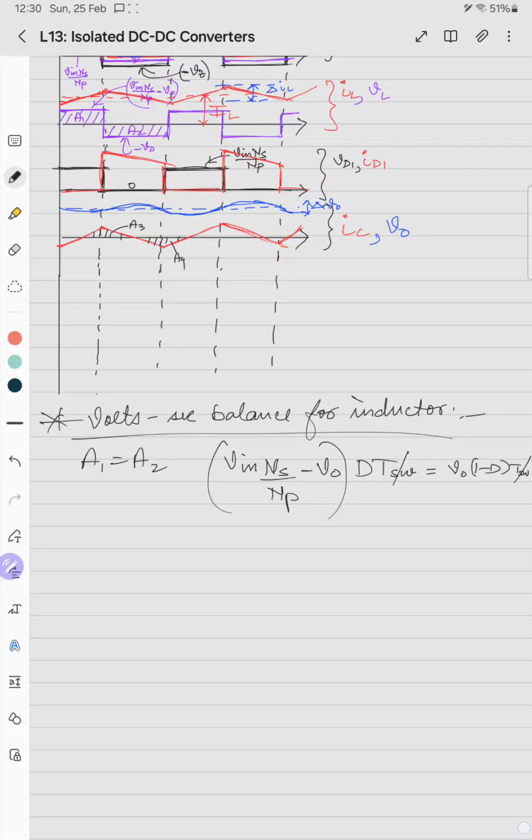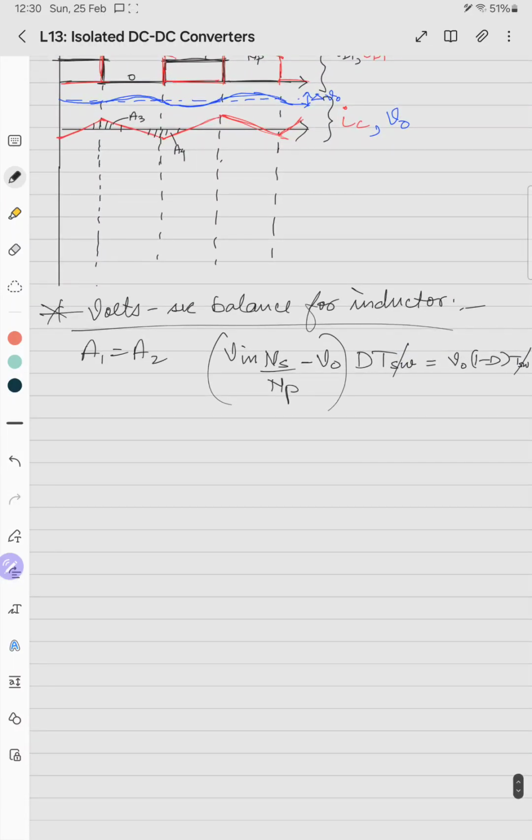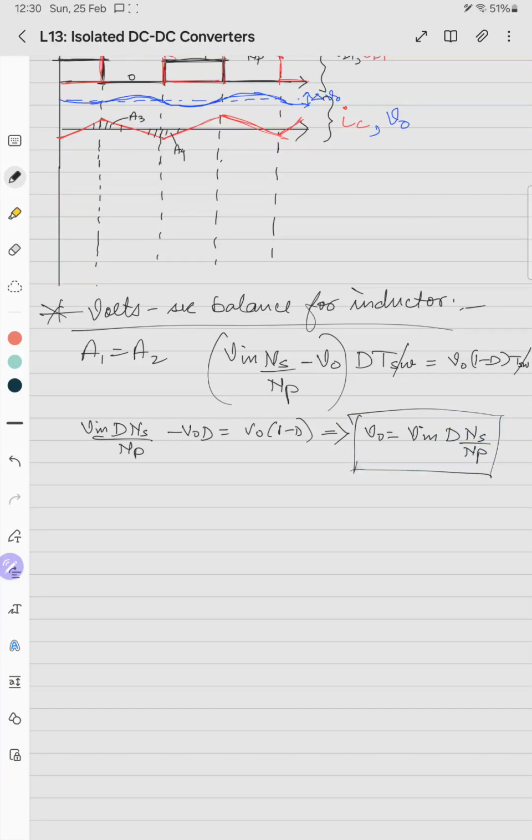So T switching gets cancelled. So Vin into D into NS by NP minus V naught D equals V naught into 1 minus D, which means that V naught is Vin into D into NS by NP. So V naught equals D into Vin, as in the buck converter.